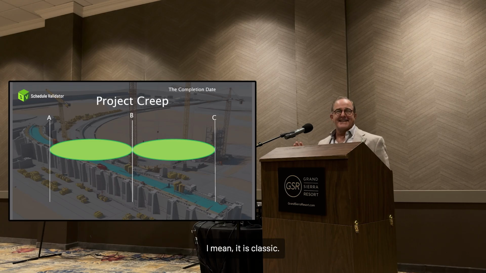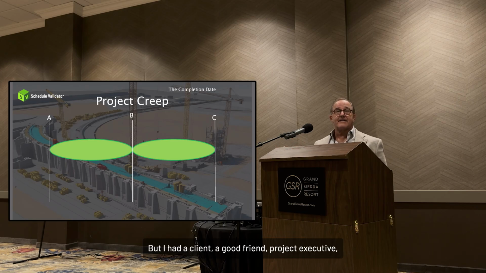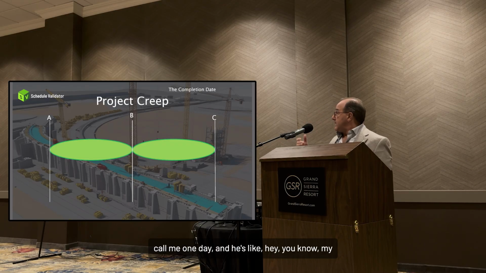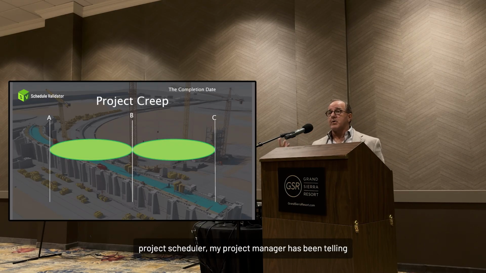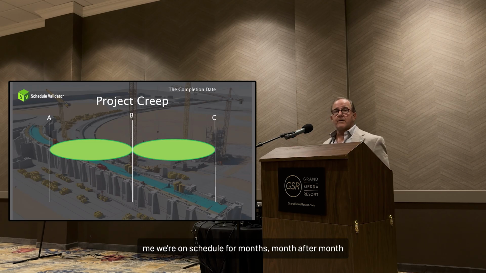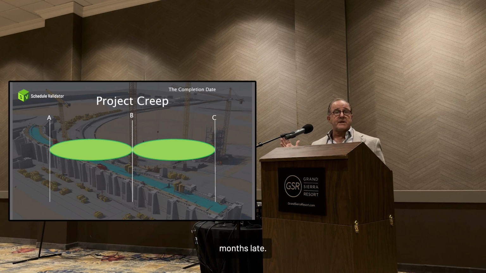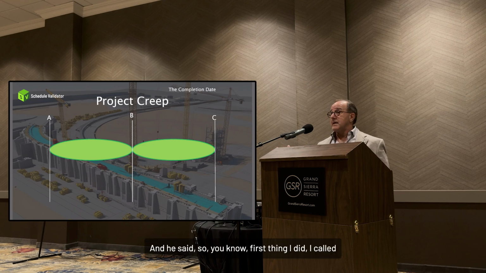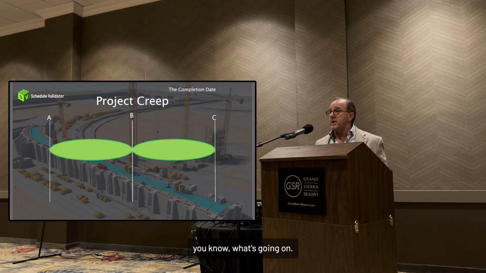I tell this story all the time, but I had a client, a good friend, a project executive, who called me one day, and he's like, hey, my project scheduler, my project manager has been telling me we're on schedule for months, month after month after month. We're on schedule. I just got a call from the owner, and their scheduler thinks we're going to finish 4 to 6 months late. And he said, so, first thing I did, I called my project manager to see what's going on.